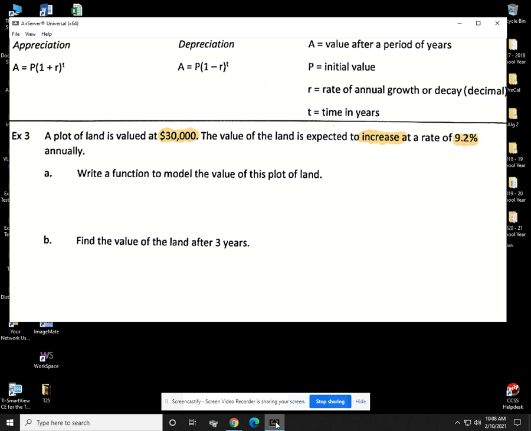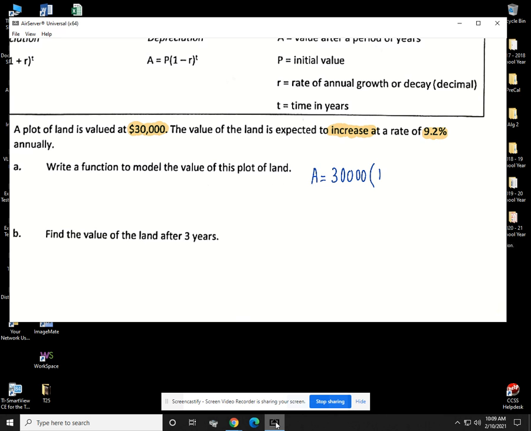So here's my problem. It wants me to write the function. All right, so A equals P. You already told me that's my initial amount, so 30,000 times, is it 1 plus or 1 minus R? 1 plus. Definitely plus. It's appreciating, it's increasing.